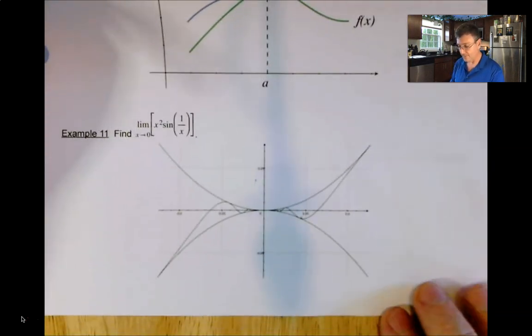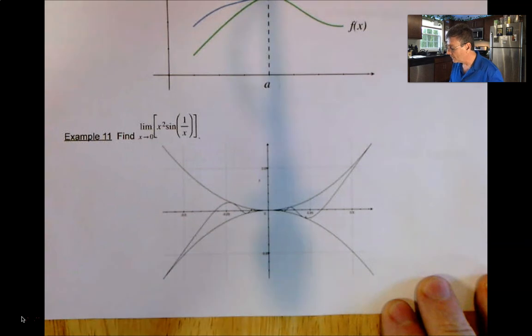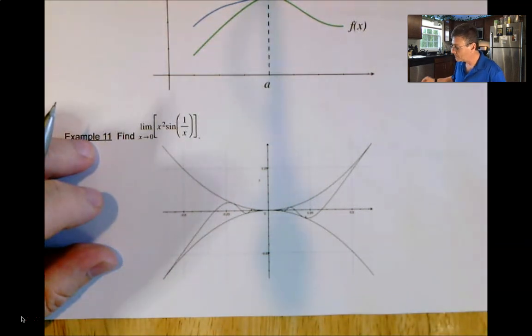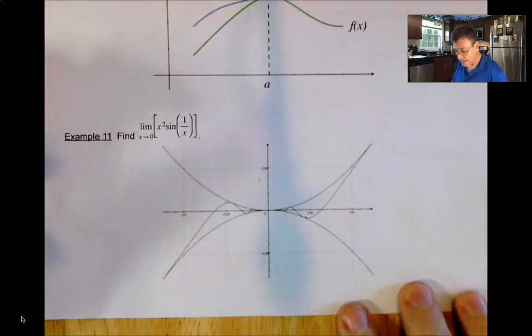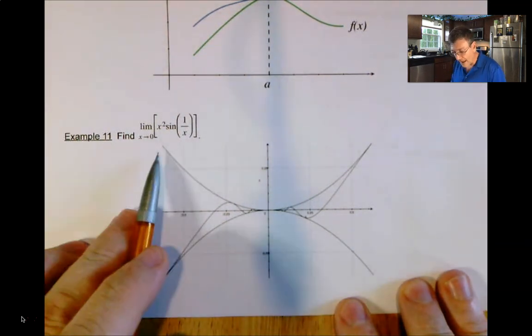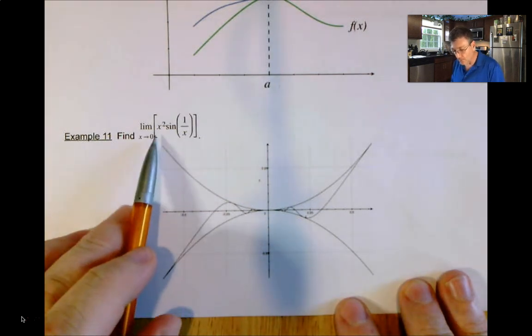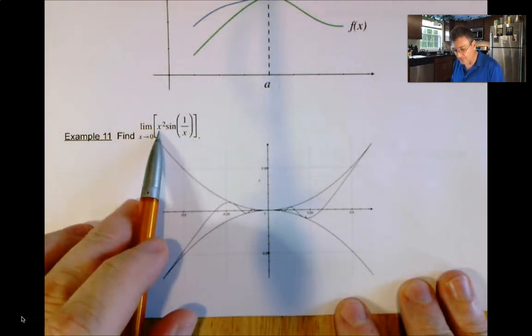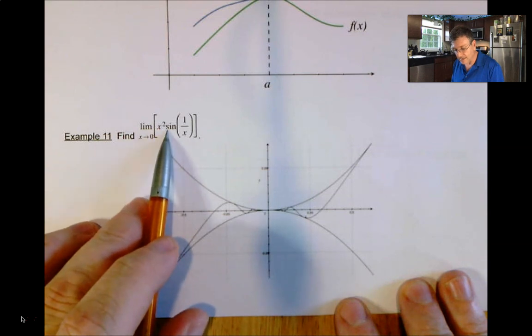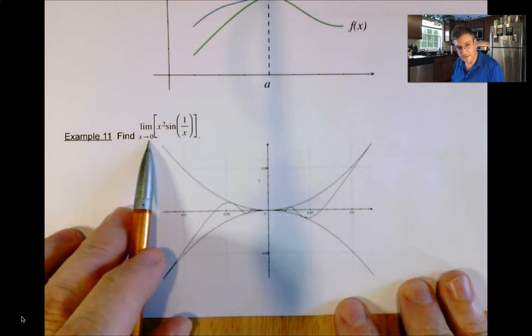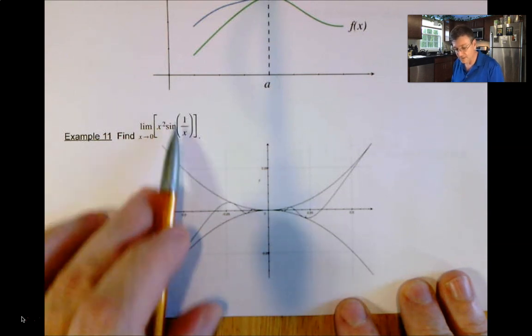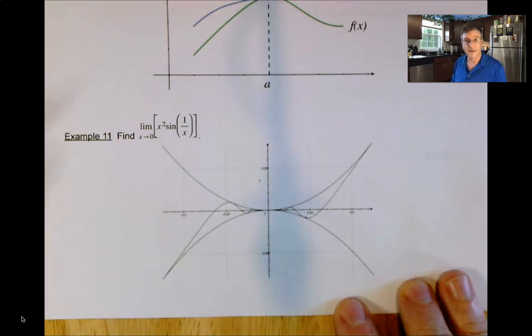Okay, so let's take a look at example 11. We can look at the graph. The function that we're taking the limit of is x squared times sine of 1 over x. I can't do direct substitution because I'd have a 1 over 0, which is undefined. Can't take the derivative.